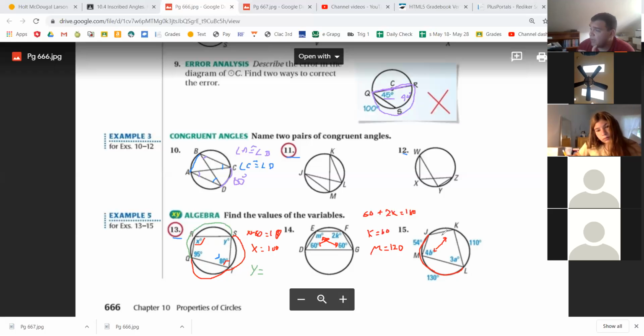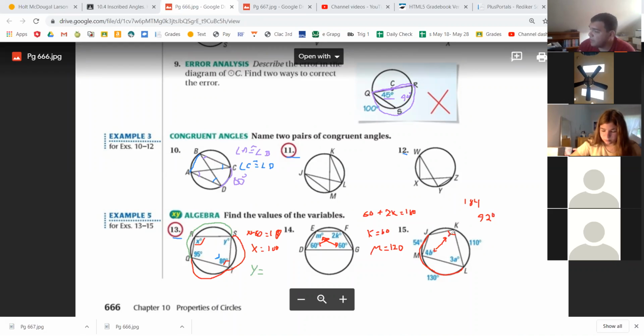So I could find K by doing 54 plus 130. So 54 plus 130 should be 184. If this whole red arc that I drew is 184, this angle here should be half of 184, which is 92 degrees.